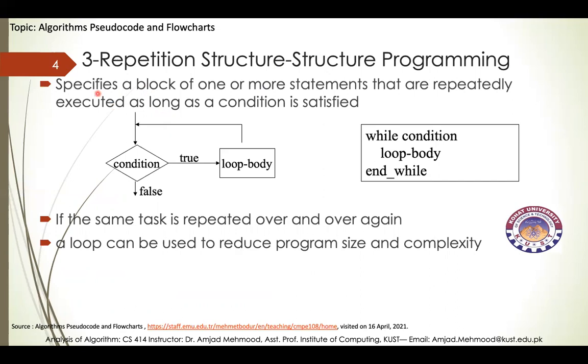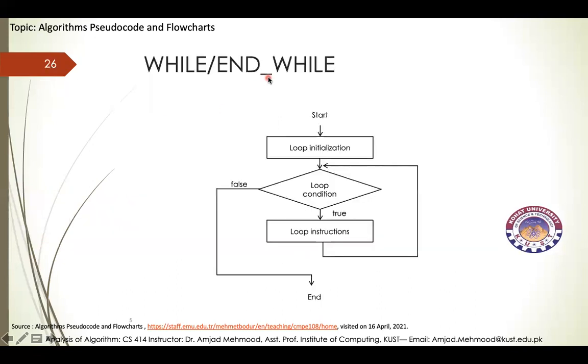A loop specifies a block of one or more statements that are repeatedly executed as long as a condition is satisfied. As long as the condition is true, this loop will be executed, and once the condition gets false, the normal execution of the program will be followed. This is the while structure.